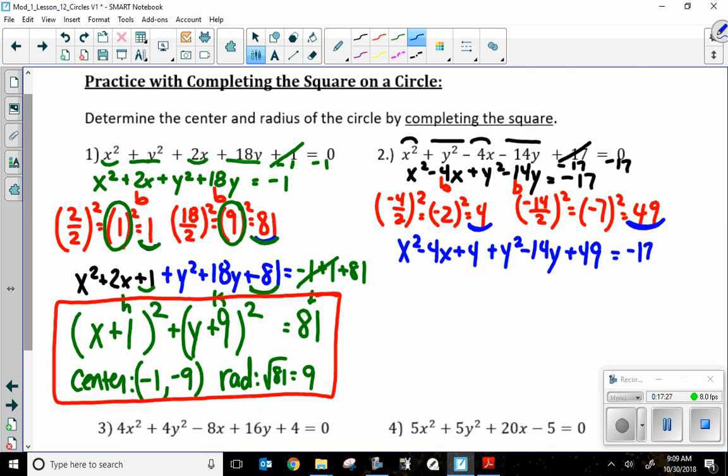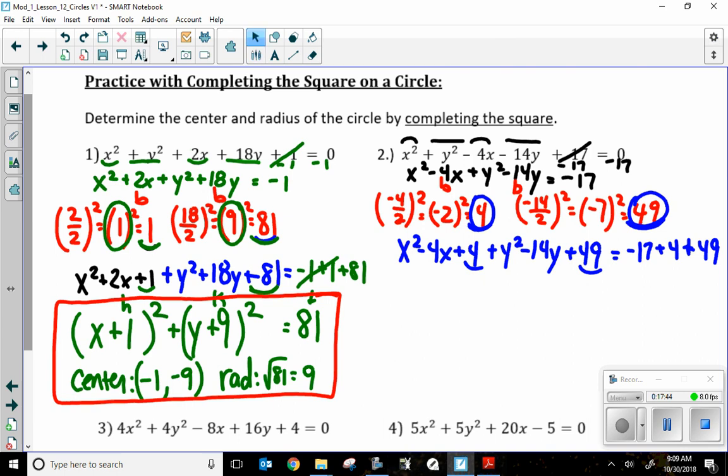And I still need to add these numbers to the right side because I've already added them to the left side, didn't I? 49 and 4 is 53. But let's just do plus 4 plus 49.